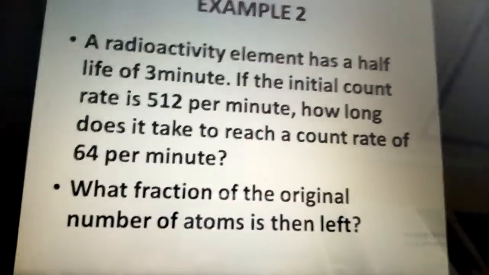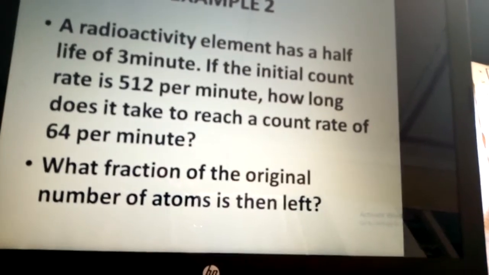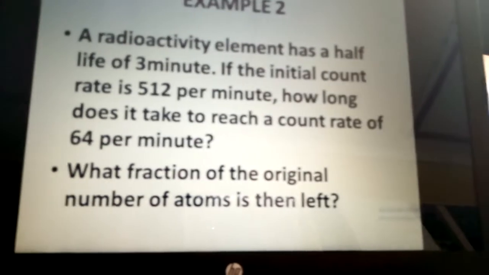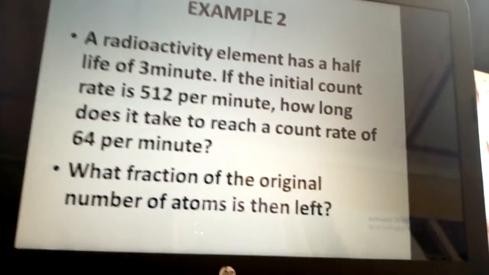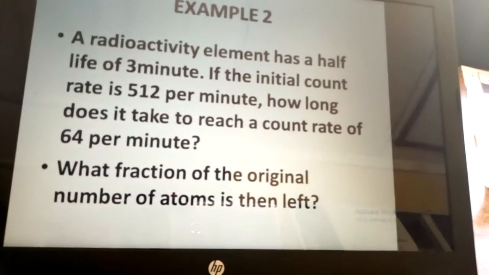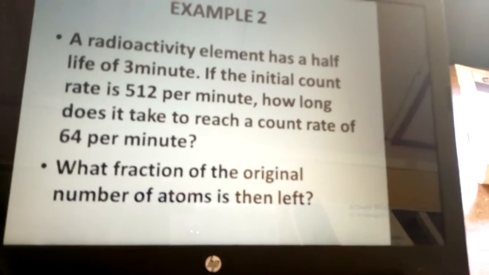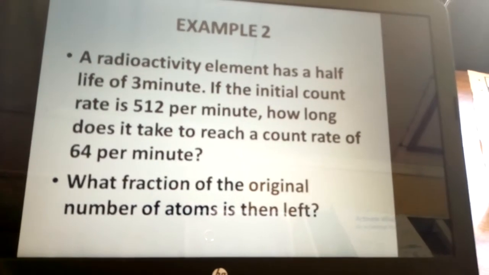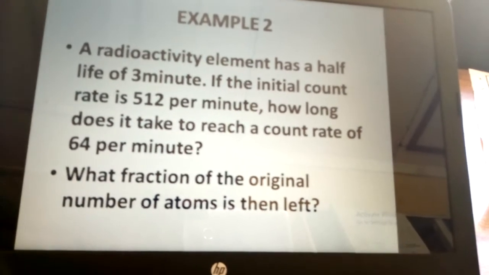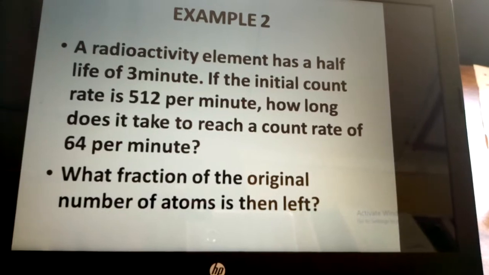So we are told initially we have 512 counts. That is an activity. It has 512 signals in 1 minute. So we are told if the half-life is 3 minutes, how long will it take for us to have just 64 counts per minute?